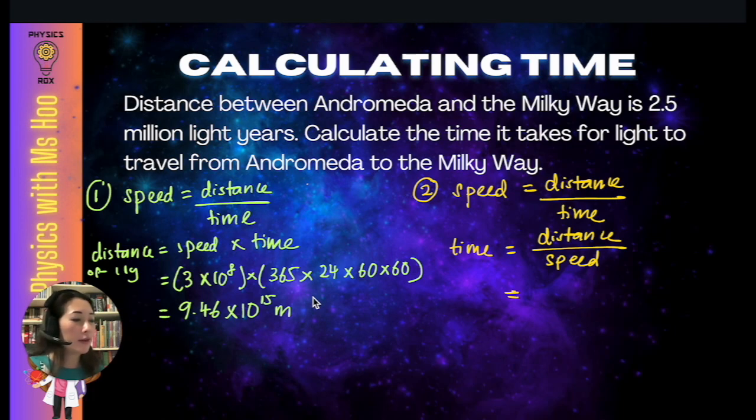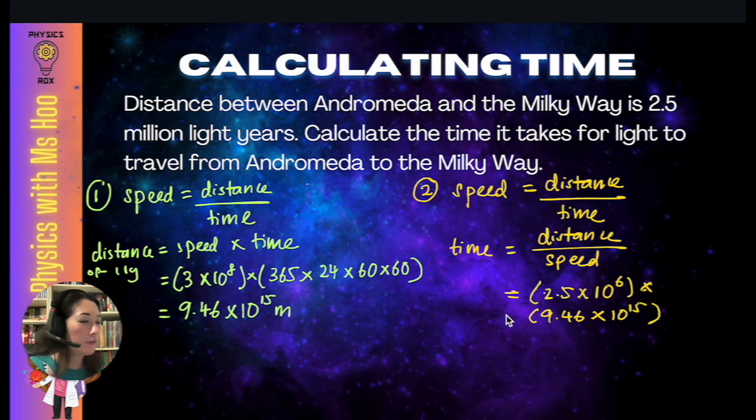So I'm going to write that here, 2.5 million, which is times 10 to the power of 6. We're going to multiply this with 9.46 times 10 to the power of 15. There's not enough space, so I put it into a second line.